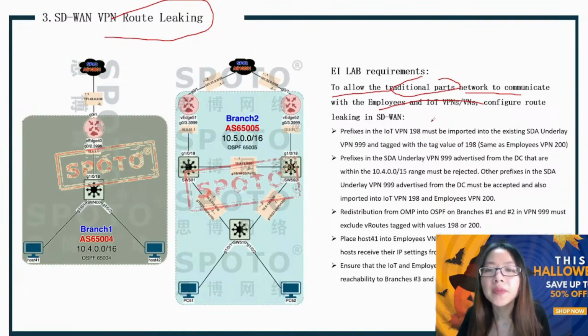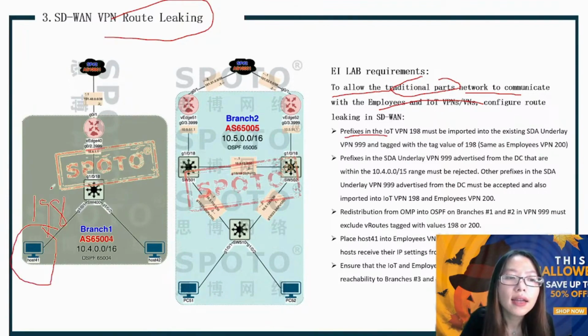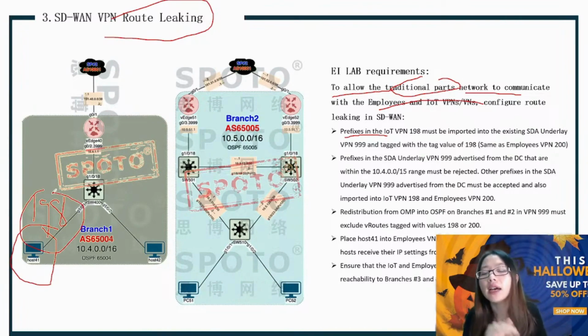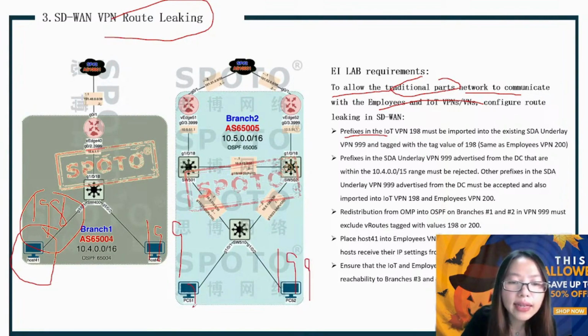So let's continue. So prefix in IoT VN. This belongs to our IoT VPN. This is VPN IoT 198. And these are 199, and this also 199, and this is VRF 200.